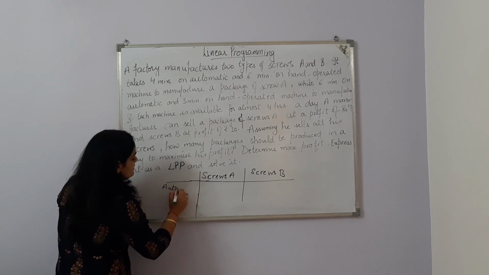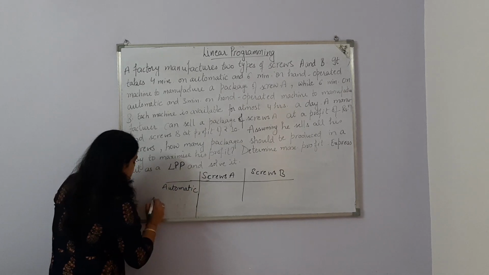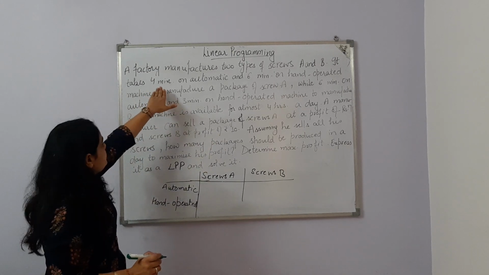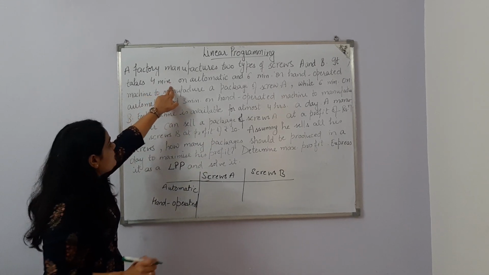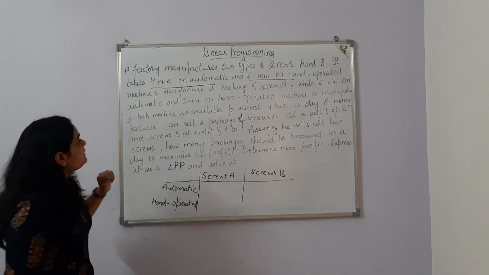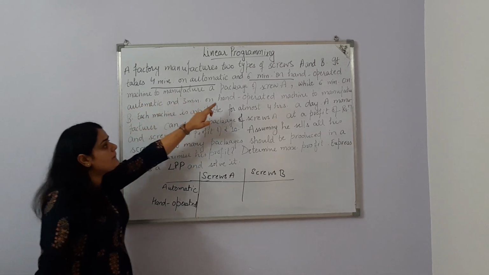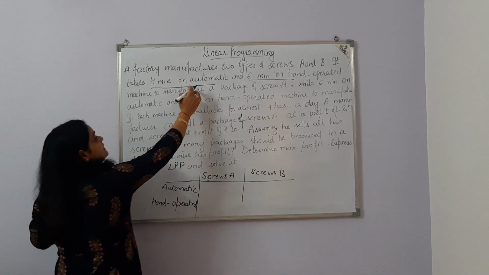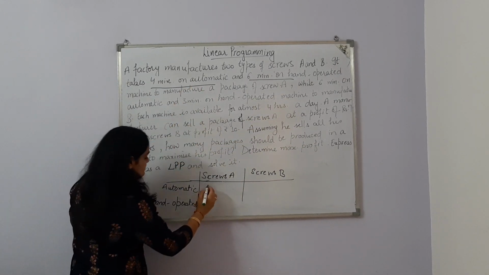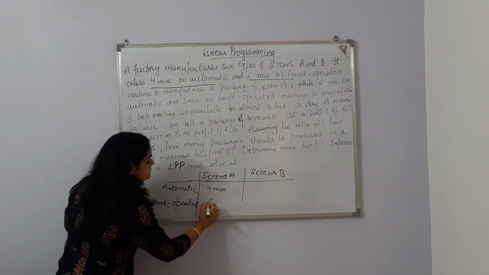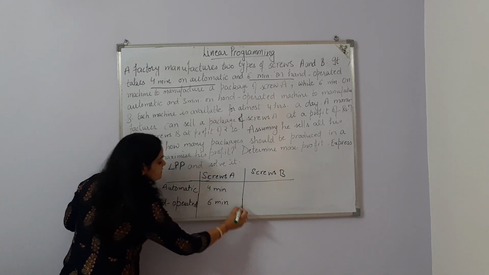So we have two types of machines: one is automatic, another one is hand operated. Now the scenario says it takes 4 minutes on automatic and 6 minutes on hand operated to manufacture a package of screw A. It's talking about screw A. For screw A, the automatic machine timing is 4 minutes and the hand operated machine timing is 6 minutes.